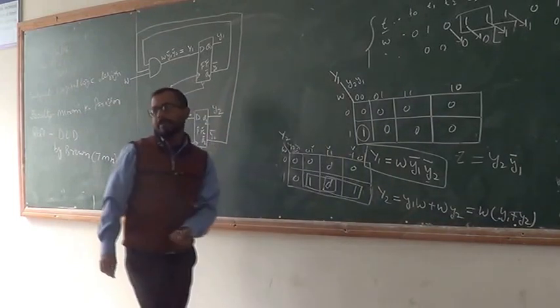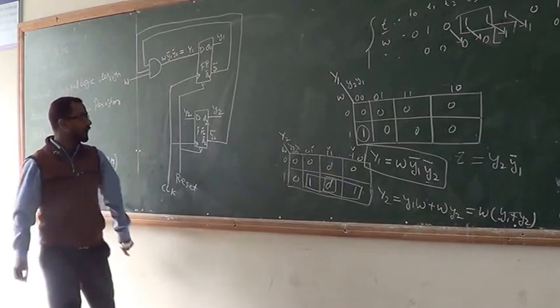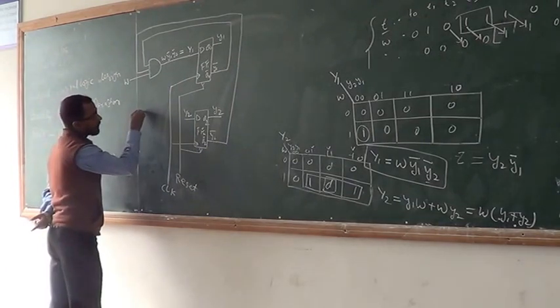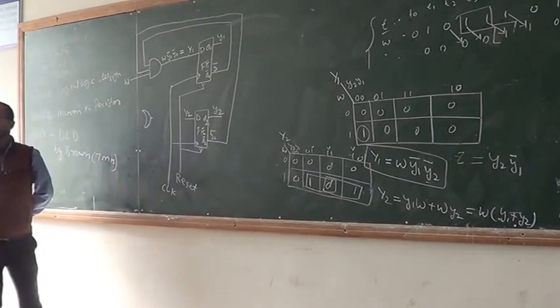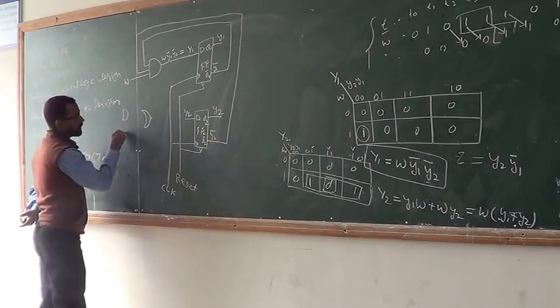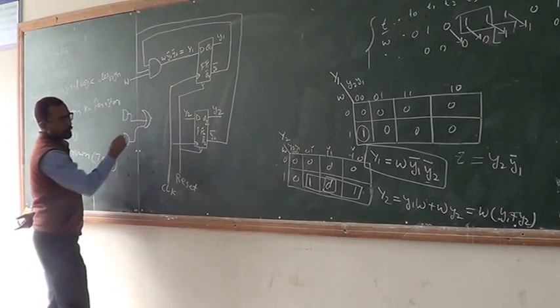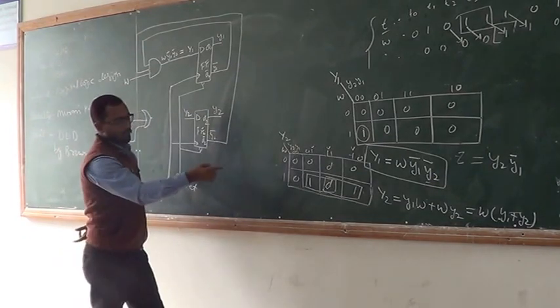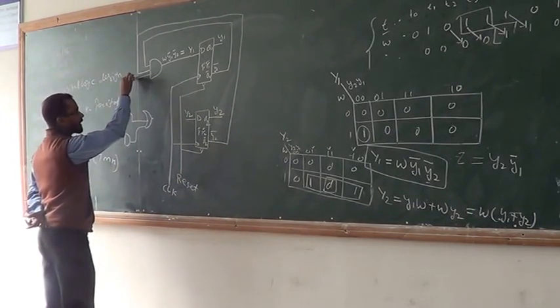That means we require 3 gates, 2 AND gates and 1 OR gate. Therefore we design this. This is an OR gate. This is an AND gate. The output of the first one, second one. Now W. First one is W. W, where W? W is here.